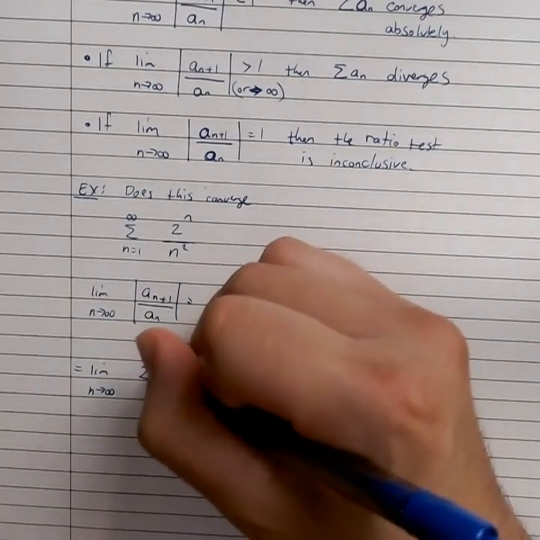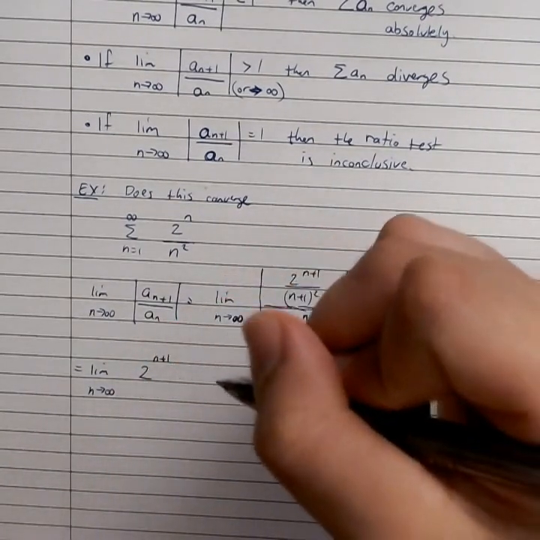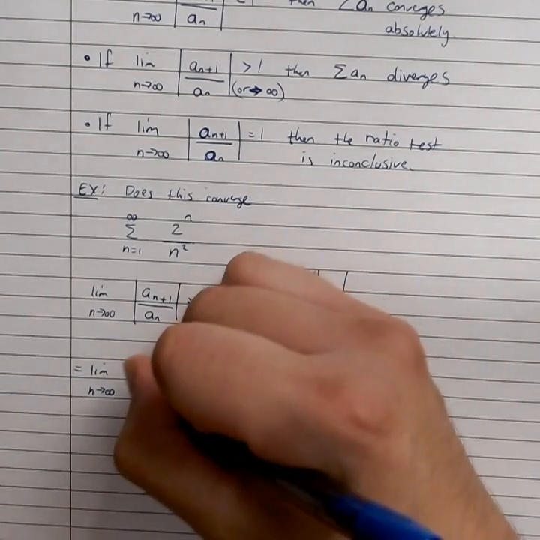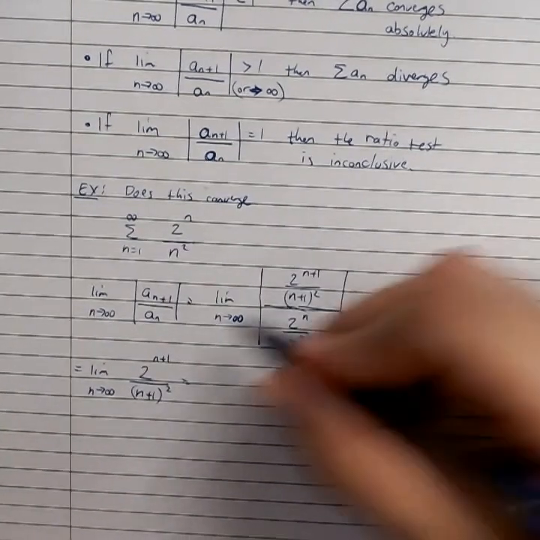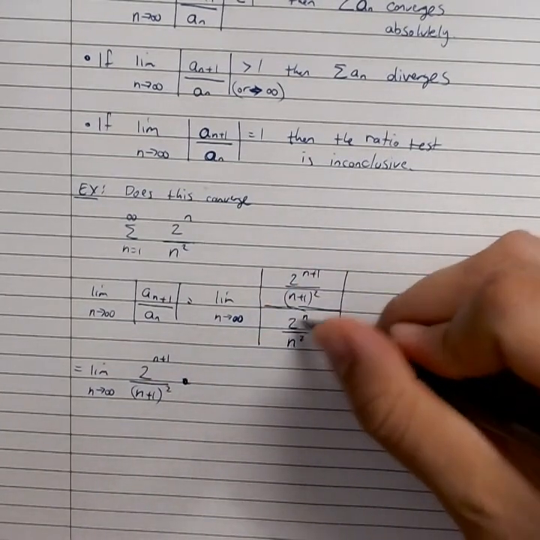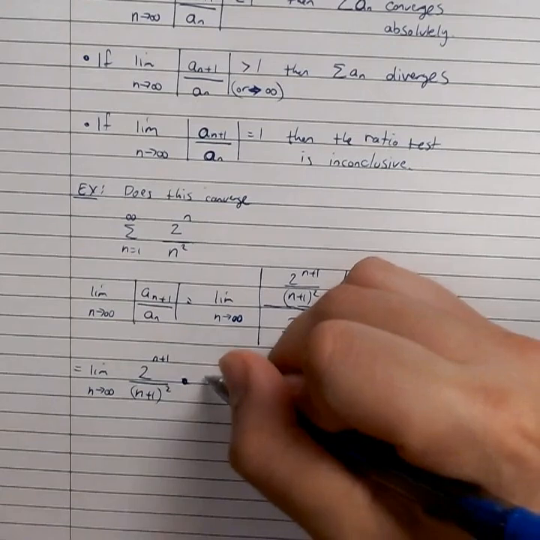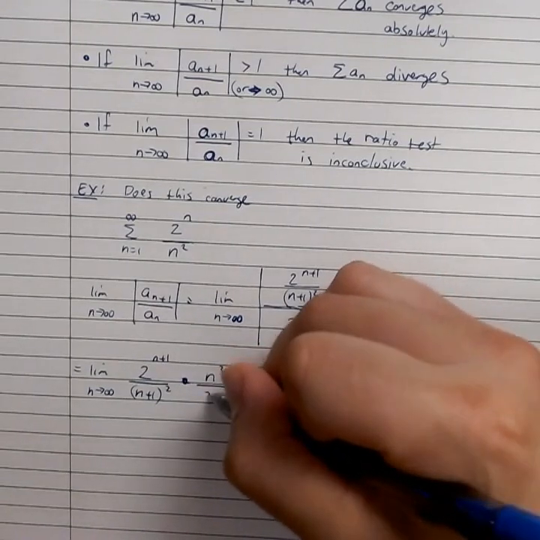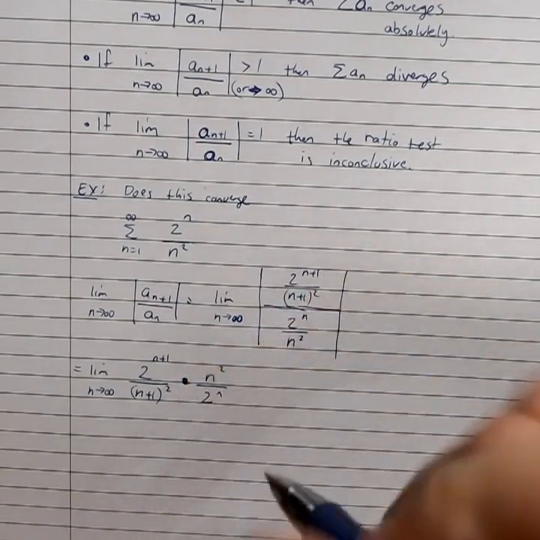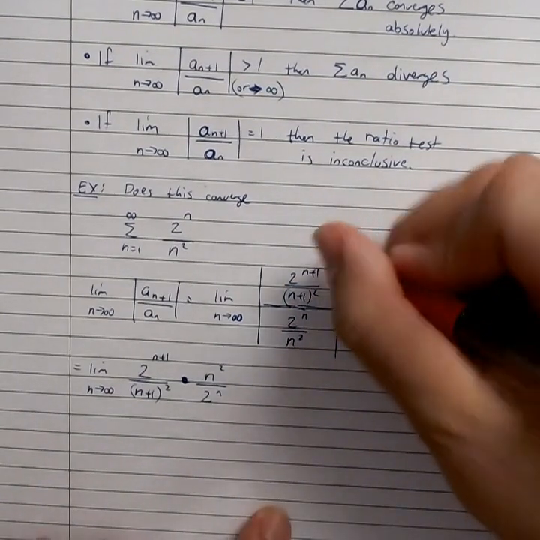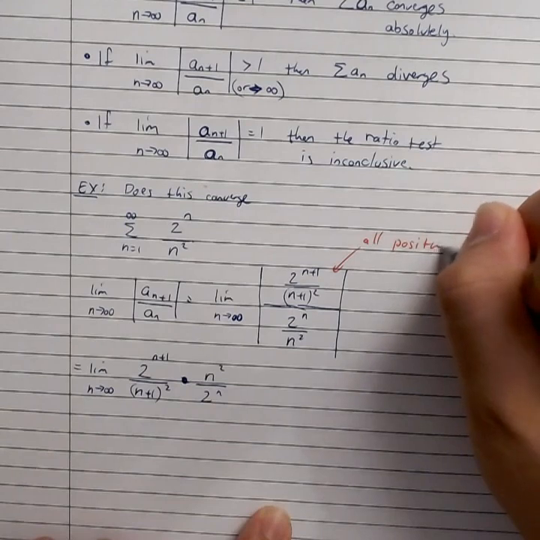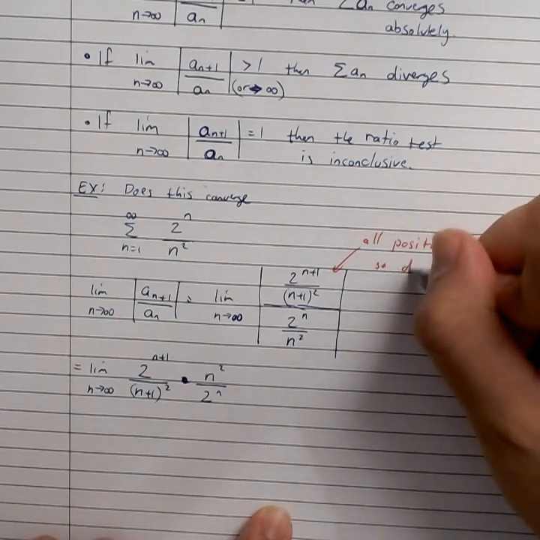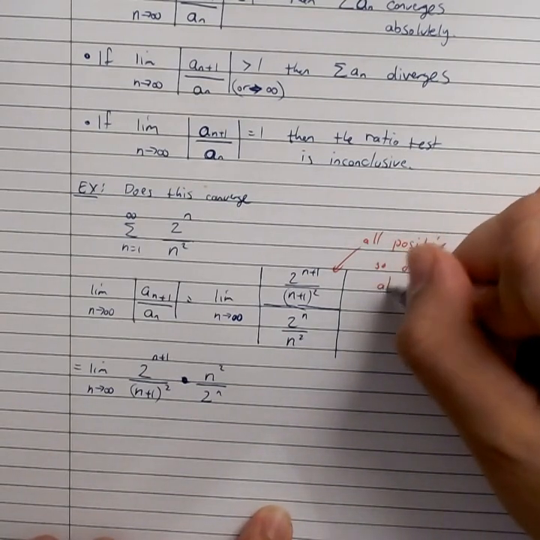So that's 2 to the power n plus 1 over n plus 1 to the power 2 times, and now I'm going to reciprocate to give me n to the power 2 over 2 to the power n. Here, these were already positive. These were all positive. So we can drop the absolute values.